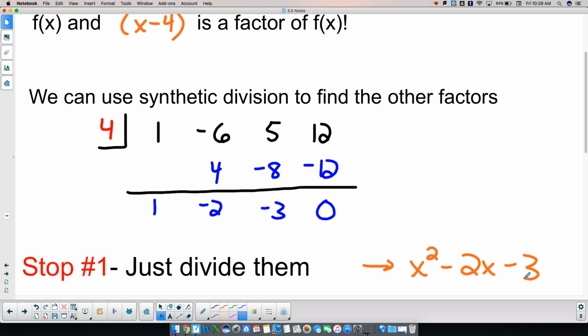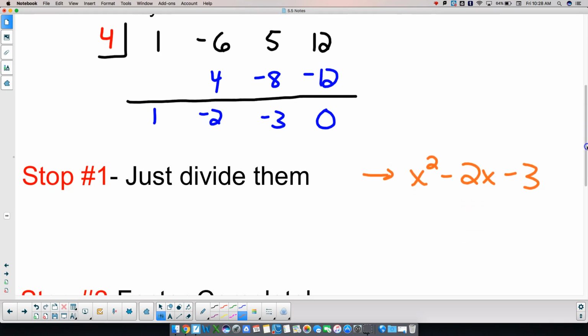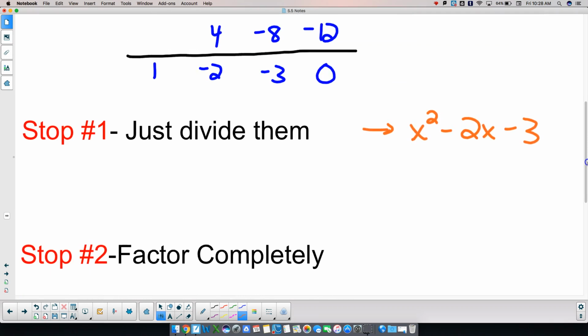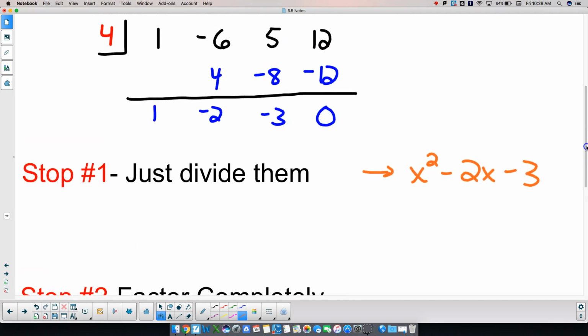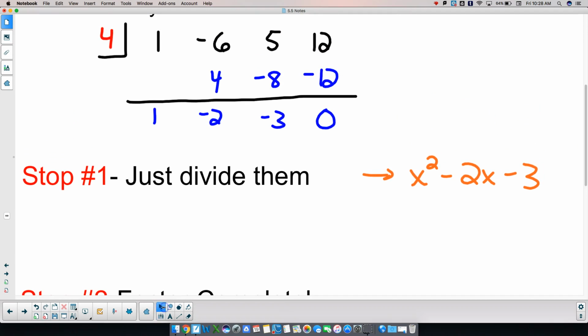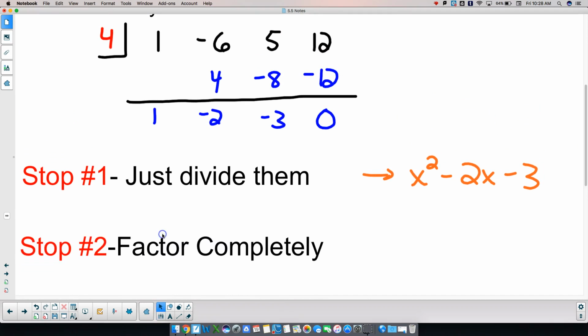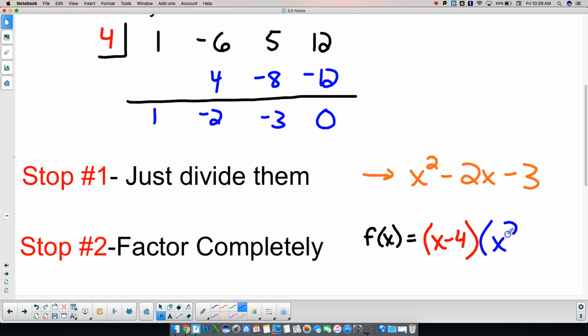Okay? However, if it says go on to step number 2 and factor these completely, now because this 4 is a 0, f of x here is equal to x minus 4 times x squared minus 2x minus 3.